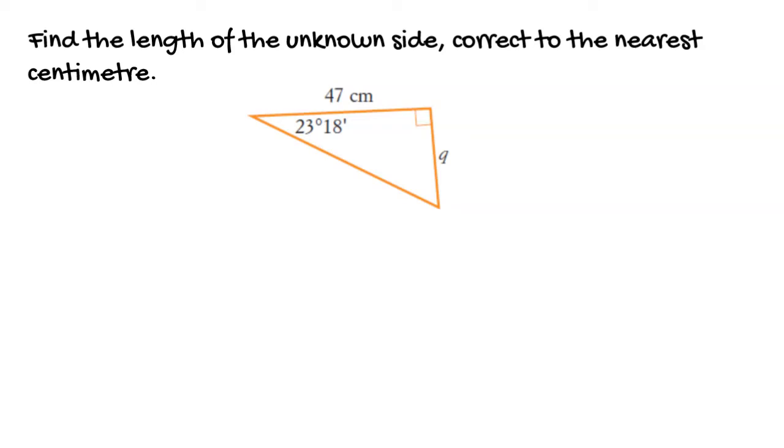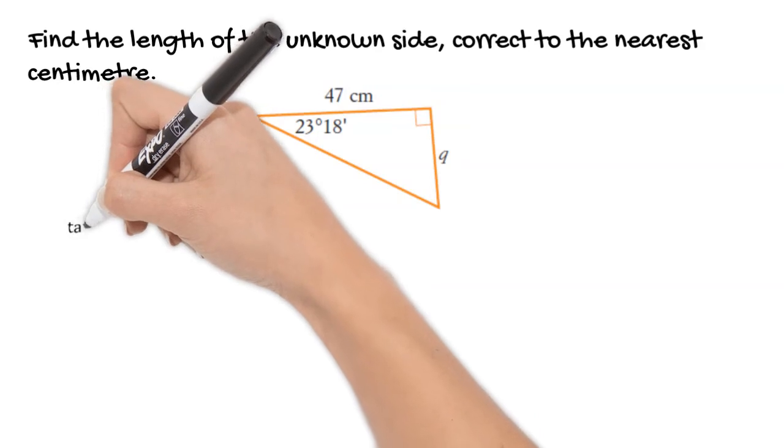Now, we obviously want to find the length of Q. So we need to work out what ratio we're going to use. Q is opposite to our marked angle, and 47 is adjacent to our marked angle. So that means we're going to use tan because we're working with opposite and adjacent. So then we write out our information that we know.